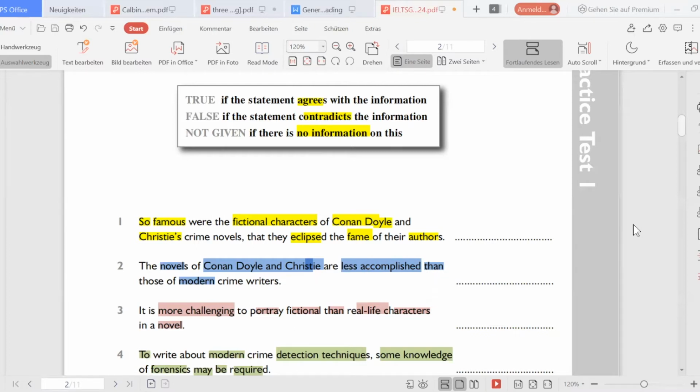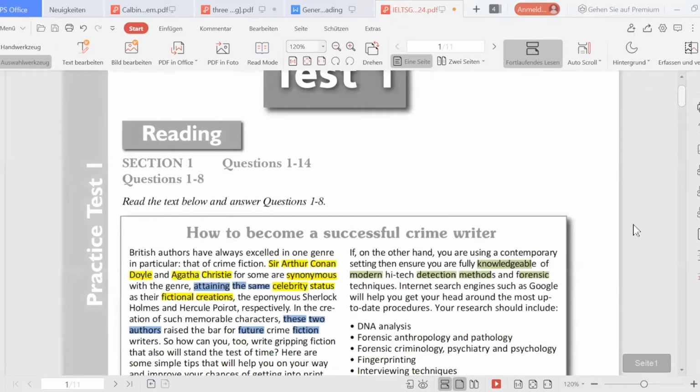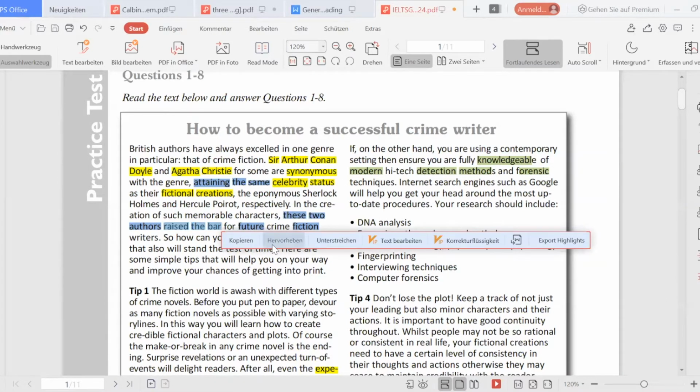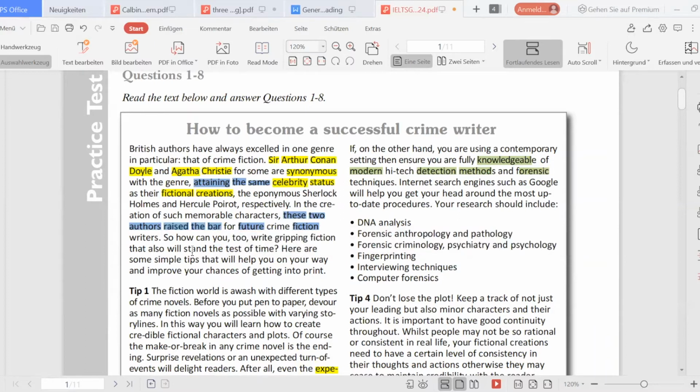So obviously by now you should have seen that the two authors were not less accomplished, because look here, it says they raised the bar, okay, for future crime fiction writers. All right, so what does raise the bar mean?